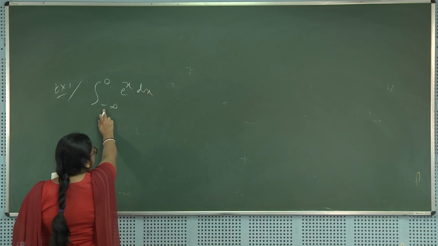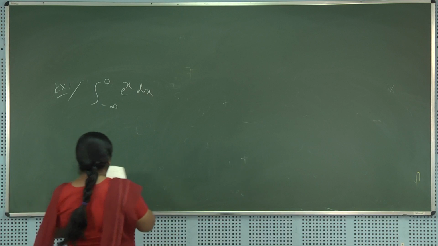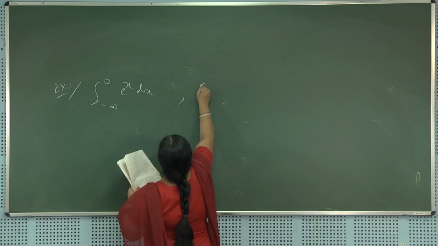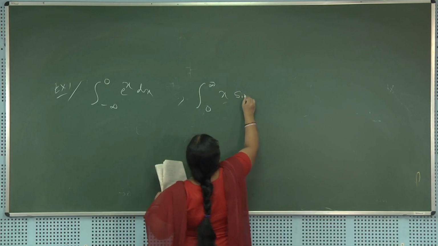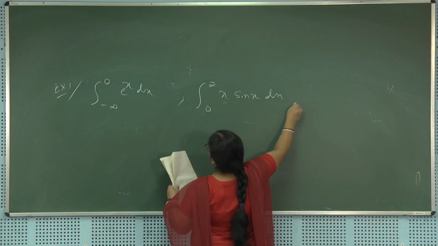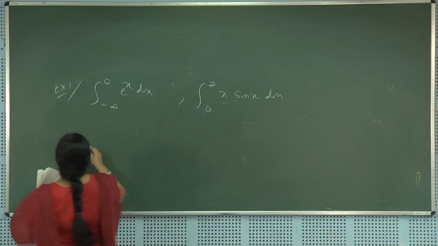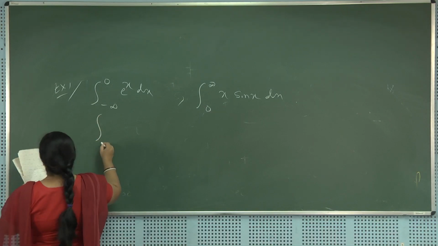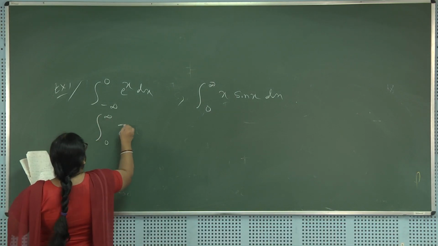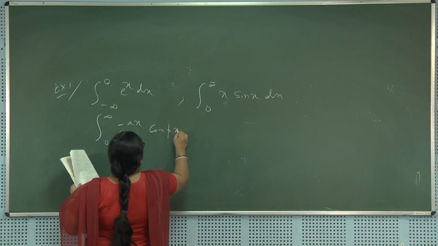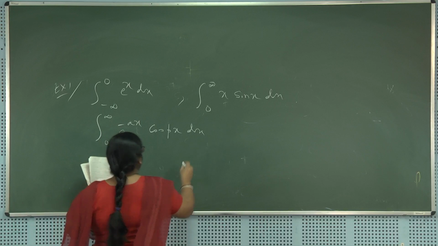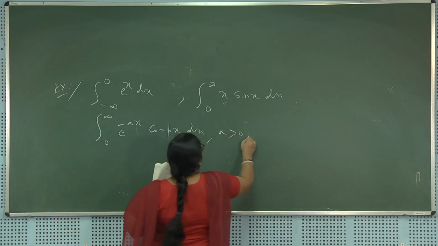You can say this is minus infinity to the lower limit. Then, you have to substitute the integral from 0 to infinity of x sin x dx. You have to apply the product rule, make it a definite integral. Then the integral from 0 to infinity of e to the power minus ax cos of px dx, a positive, p constant.